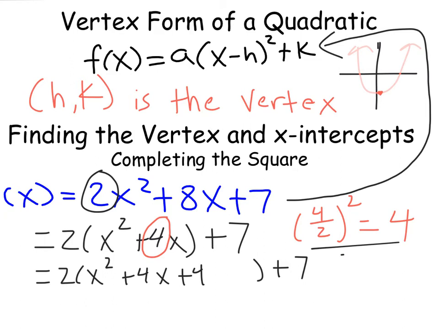Here's the quick fix. I can leave it in there as long as I do that. So I want the plus 4, I got to bring in a minus 4 because 4 minus 4 is 0. So my expression is still equal to what I had before because I didn't add anything. I put in a plus 4 and I put in a minus 4. I can do that.